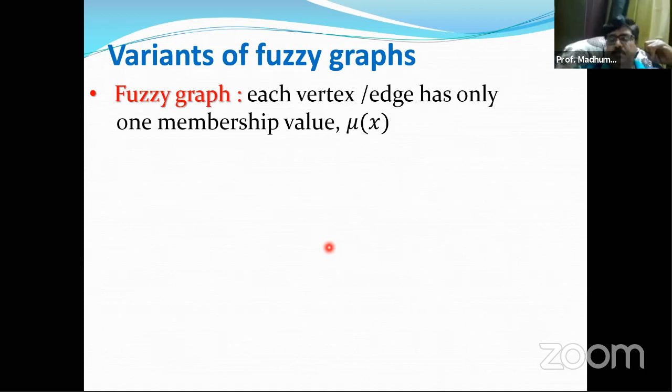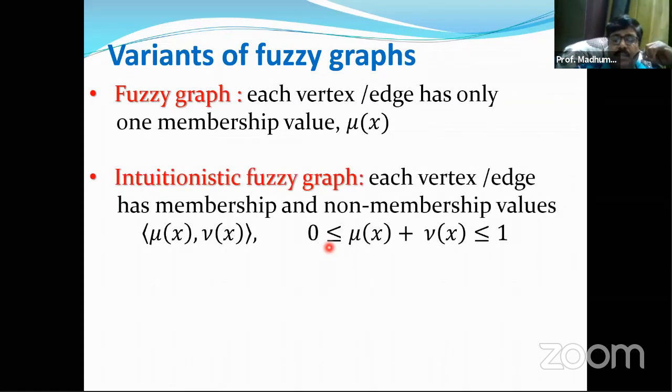Simple fuzzy graph: if there is only one membership value associated with a vertex or an edge. And if there are two things, one is the degree of membership value and another is the degree of non-membership value, or we can say the degree of acceptance and the degree of rejection, if we consider two things simultaneously for a particular vertex or a particular edge, then that particular graph is called the intuitionistic fuzzy graph.